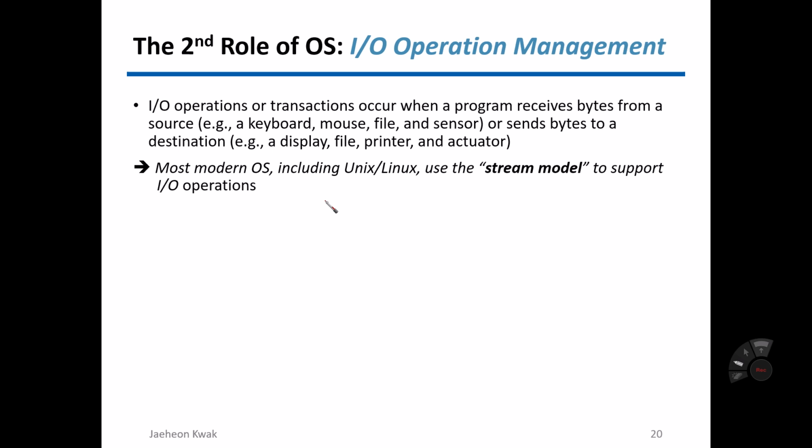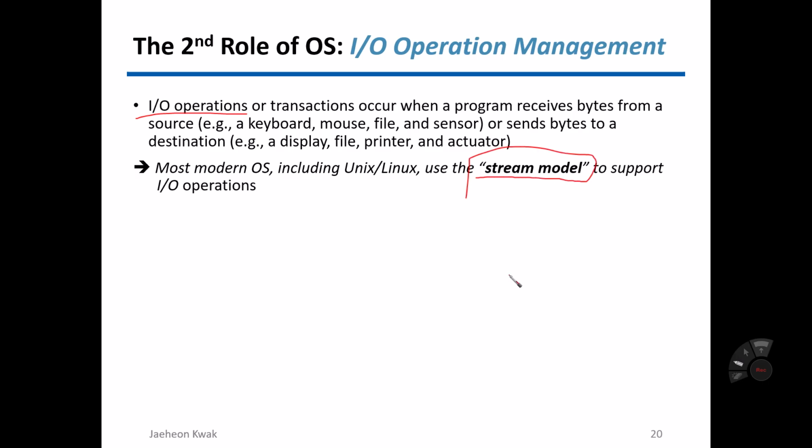The second law of the operating system is I/O operation management. I/O operations or I/O transactions occur when a program receives bytes from a source or sends bytes to a destination. To support these I/O operations, modern operating systems support the stream model.